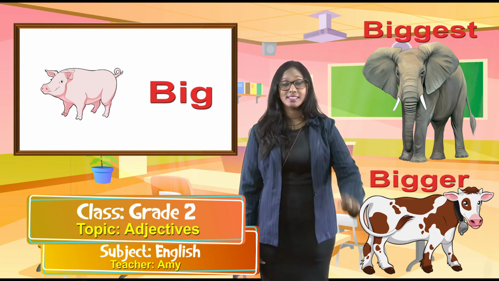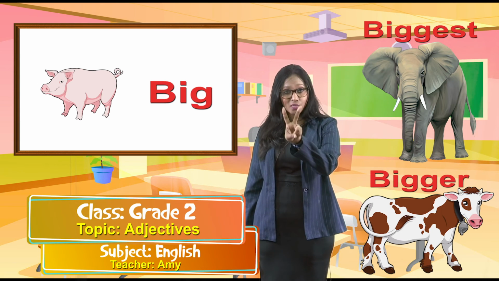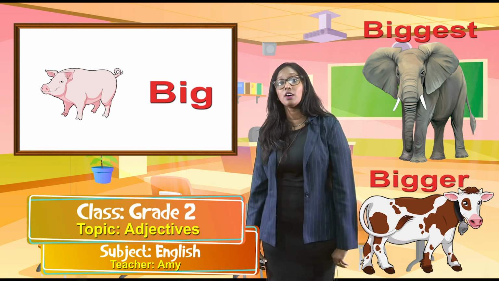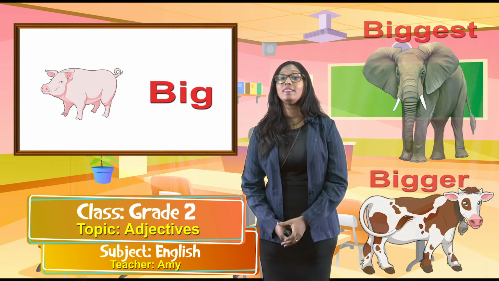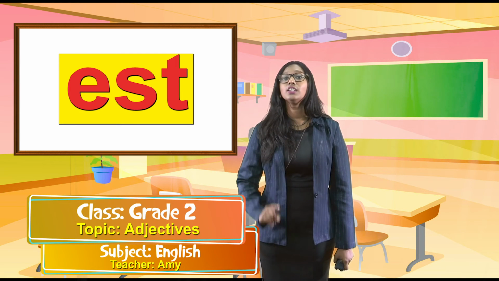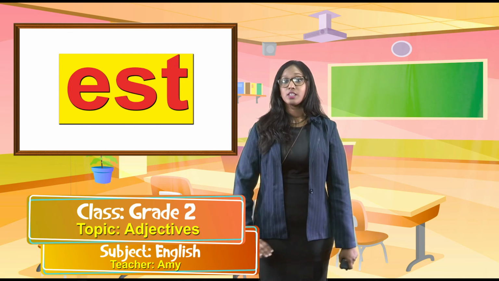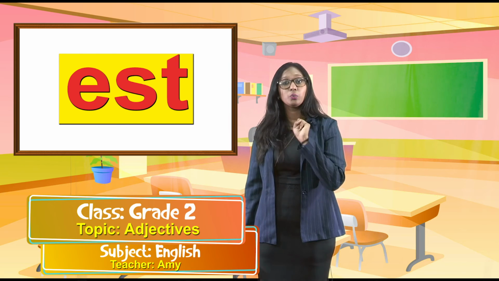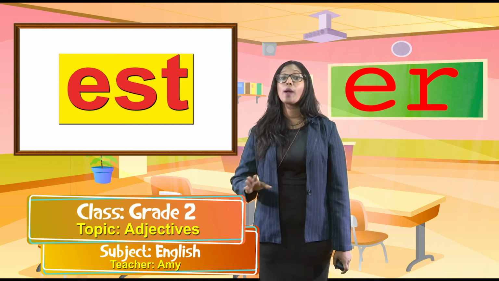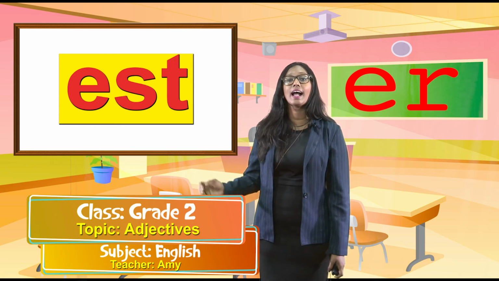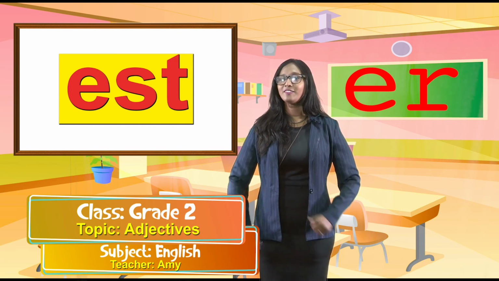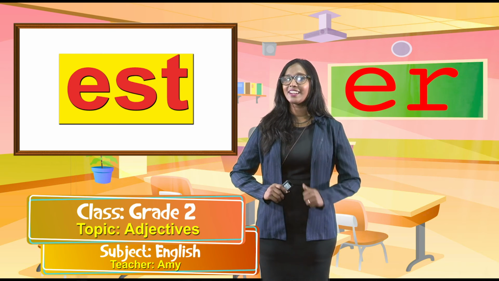Because it's more than two, it is three animals, then we add EST to the adjective. So when it is two, we add ER, and when it is three or more than three, we add EST.